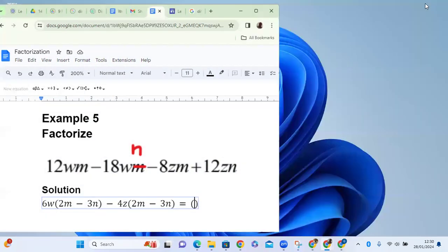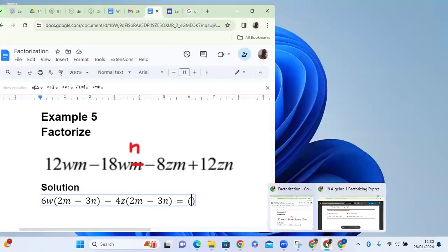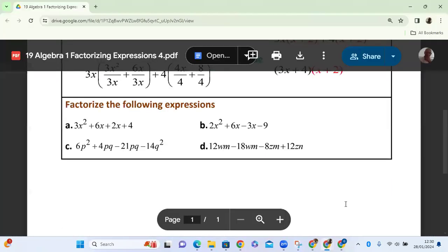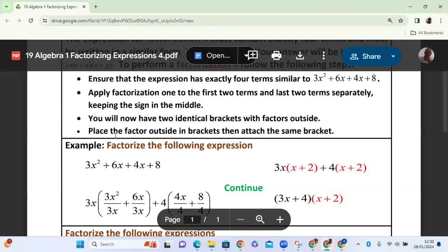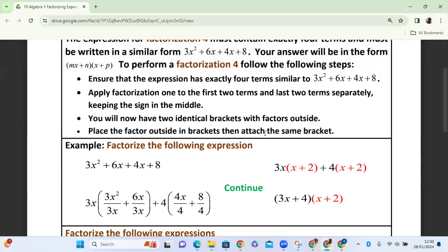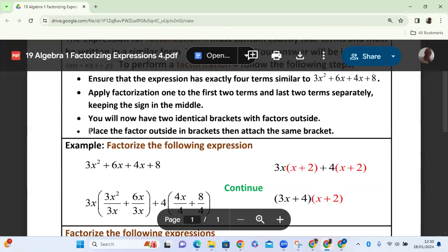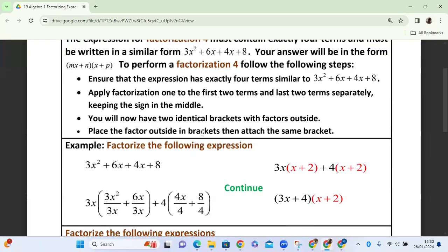So let's just pause a minute. Instead of writing, place the factors outside, it would be wise to just say, continue applying factorization 1. That's what is going on there: the first level factorization, placing the factor outside in a bracket, then attaching the same.